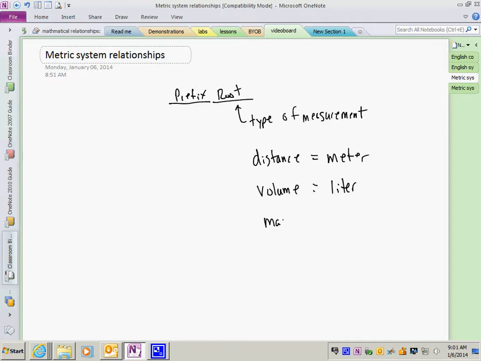Mass would be a gram. And then the prefixes tell us the magnitude, how big it is. The prefixes are the same regardless of the type of measurement.